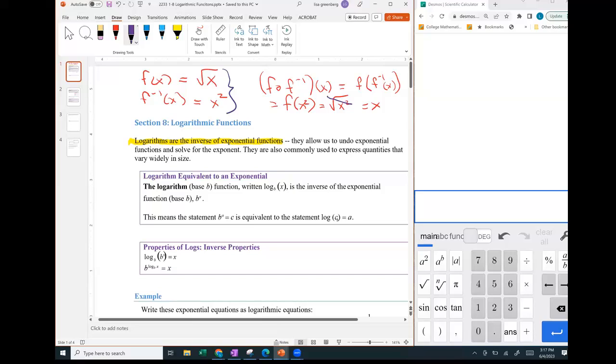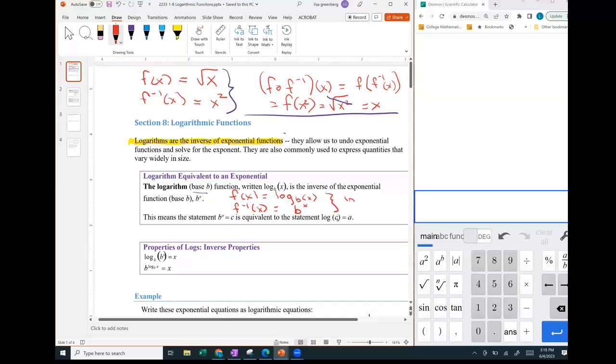So if logarithmic functions and exponential functions are inverses of each other, if I have f of x equal to the log base b of x, that's the inverse of the exponential function, which we can write in this notation as b to the x.